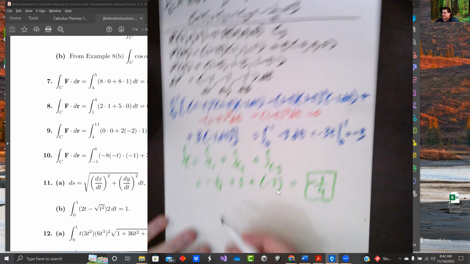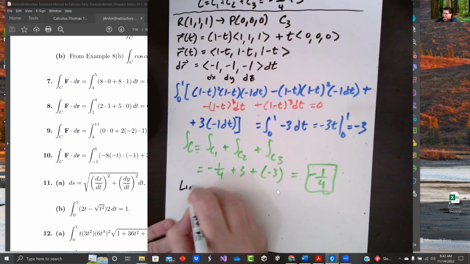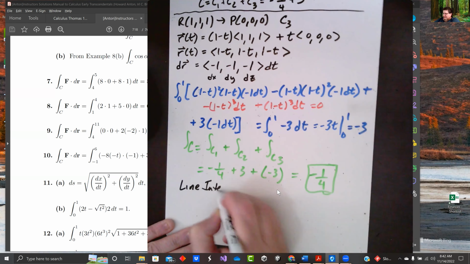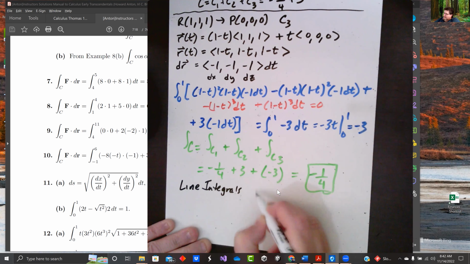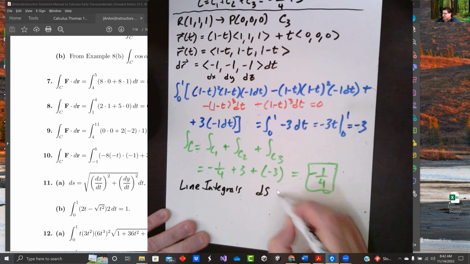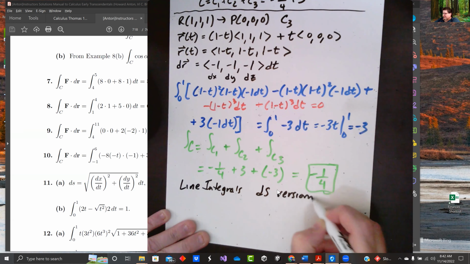All right, so line integrals, we're basically doing the ds version when we are not in a vector field.